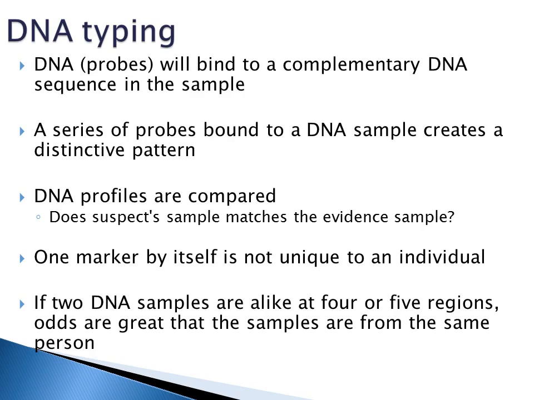And this DNA fingerprint or profile is compared to other DNA profiles that are known to find a match. So, we already said one marker by itself is not unique to a specific individual. However, if 4 or 5 different markers are used, you increase the chance that another individual is not going to have the same profile.